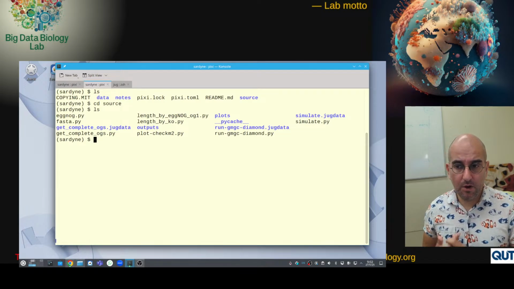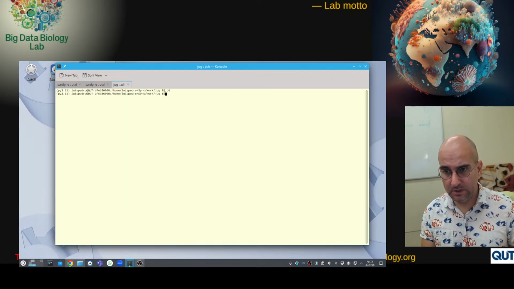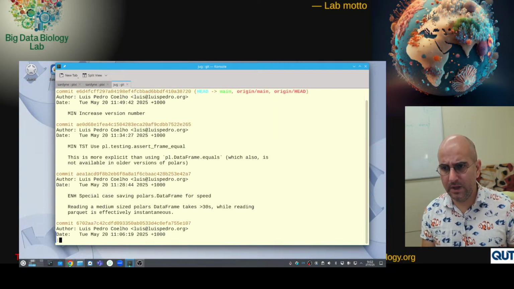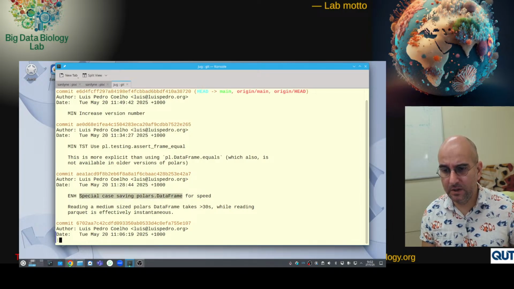So off stream I improved Jug to special case saving this particular structure, and it went from about 30 seconds, which is what we were seeing in the Sardine project, down to effectively instantaneous.